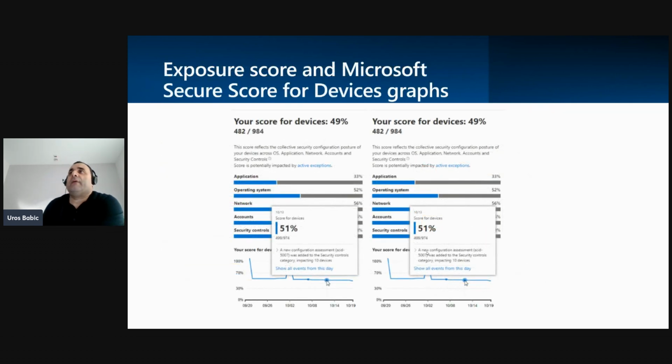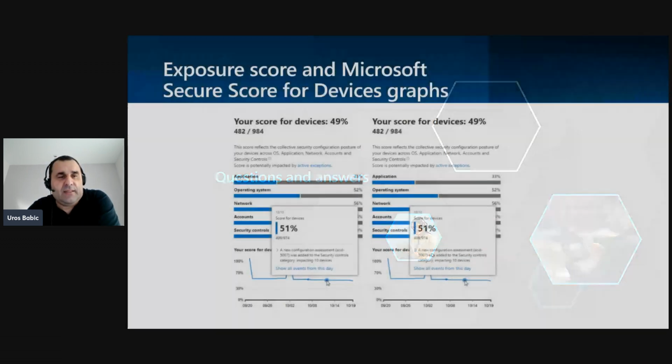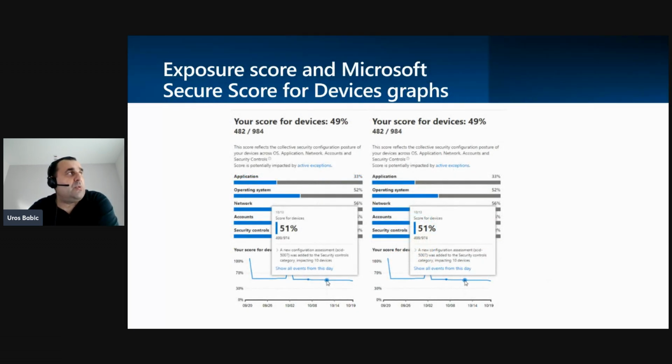And you can see score for device graph, where the score reflects the collective security configuration posture across many operation system, application, networking, and that is a very good approach for that.